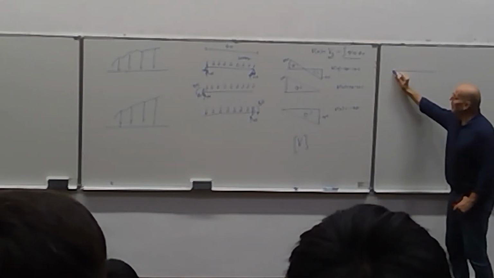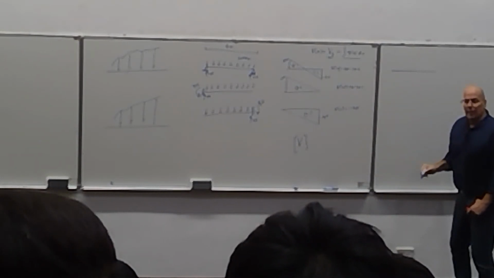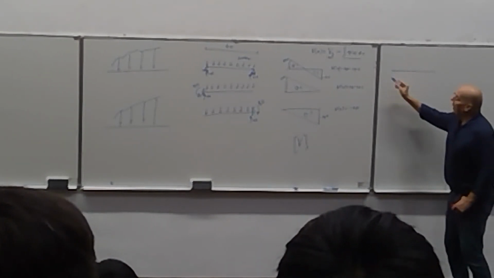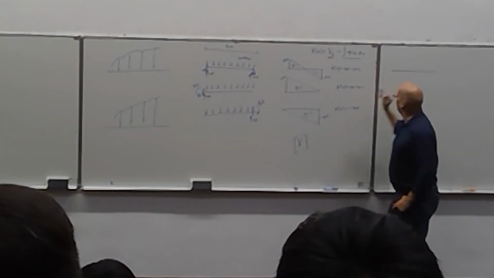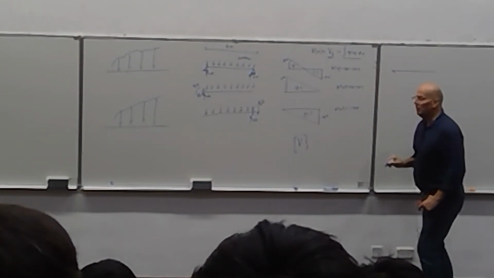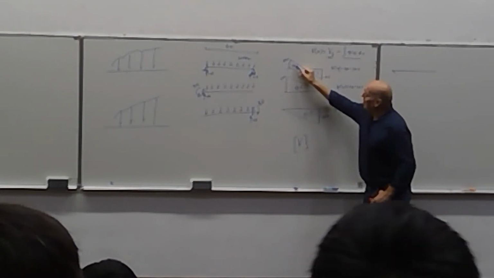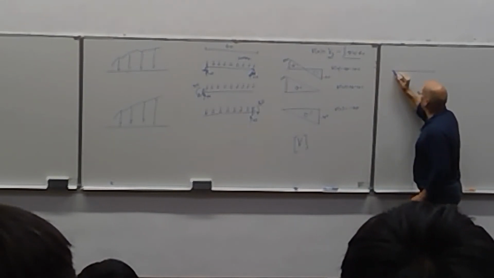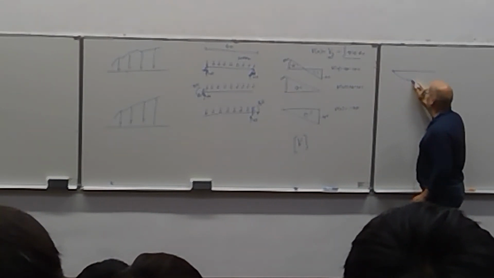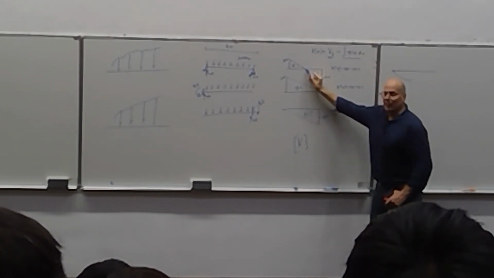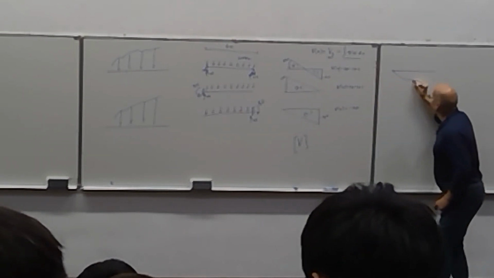We start at 0 because we didn't have any moment. We have positive shear, so we must be moving in the positive direction with a big slope, but as we go to the right, the slope decreases. And at this point here, the slope becomes 0 in the middle.